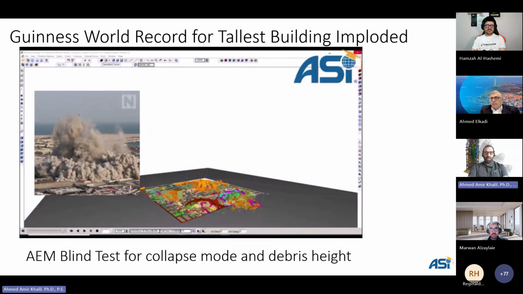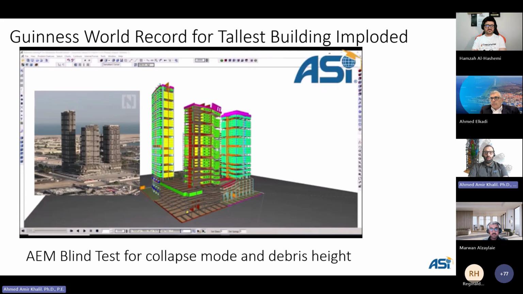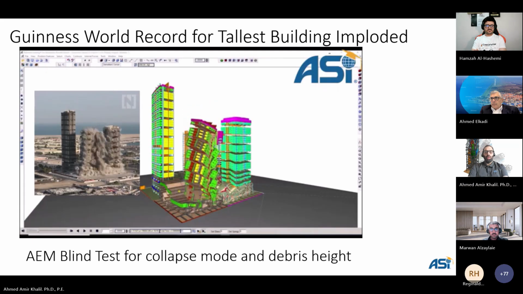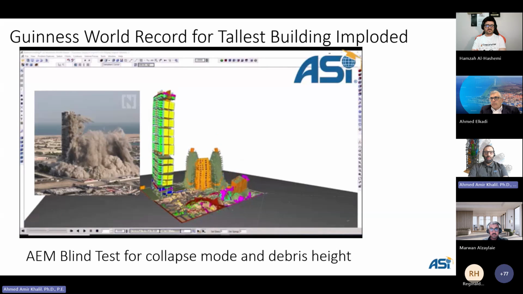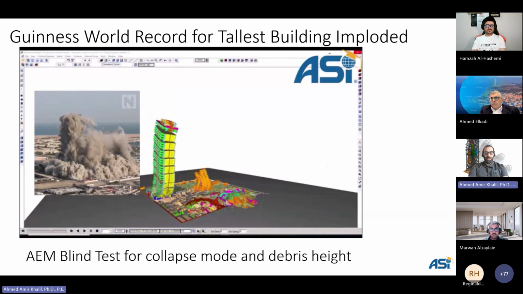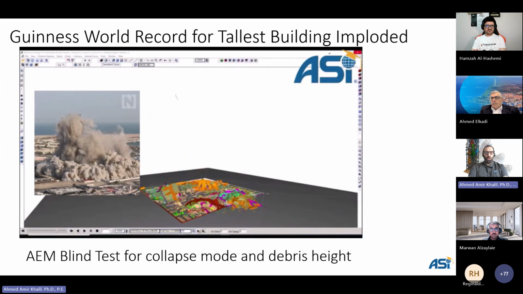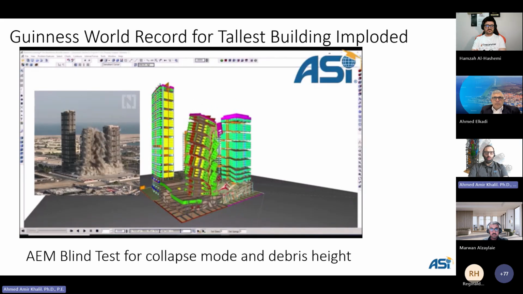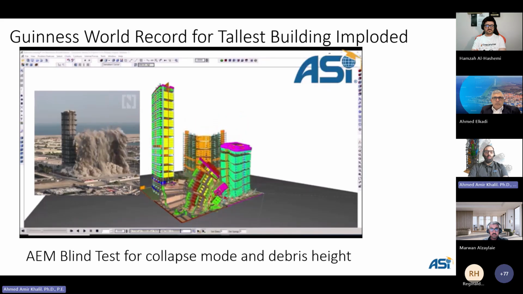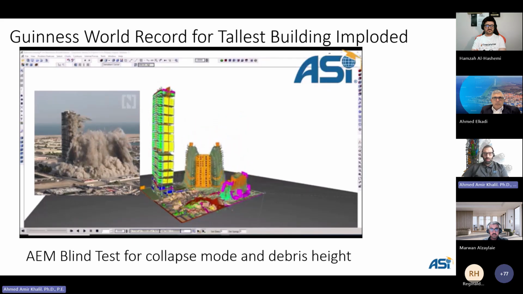So the idea is to have a tool that can model collapse, that can model impact, that can model separation of elements. So first I'm showing you what we're doing with it, and then I'll go in reverse and show how this was implemented.